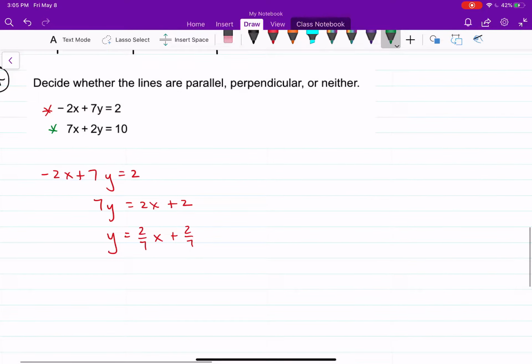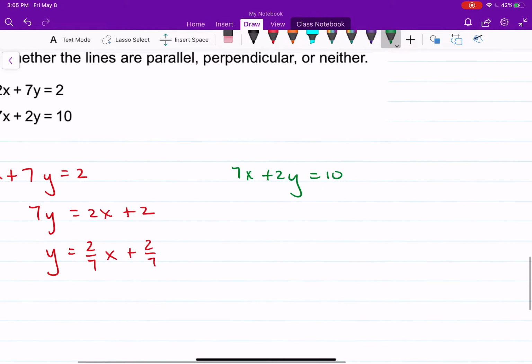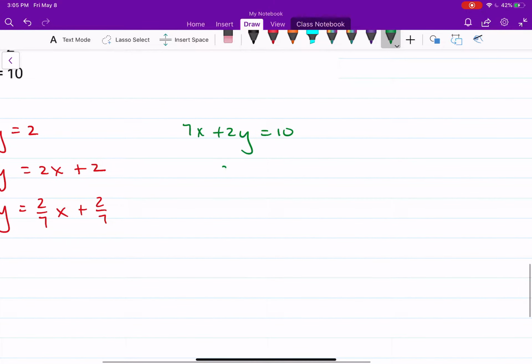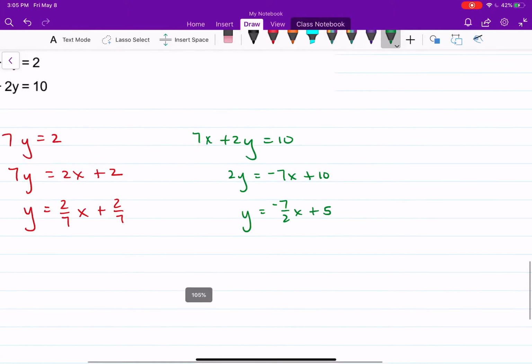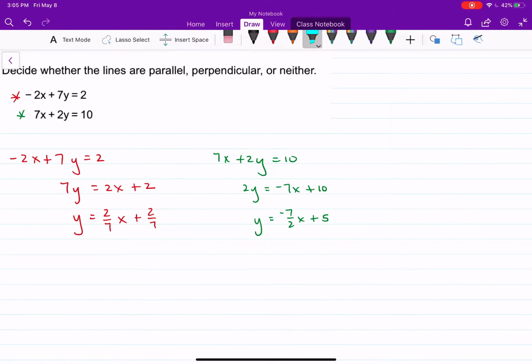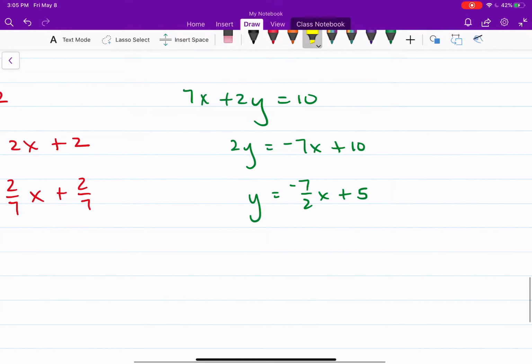So the green says 7x plus 2y equals 10. Again, I have to get y by itself. So 2y is equal to negative 7x plus 10. Divide everything by 2. y is equal to negative 7/2 x plus 5. Okay? So all I care about right now is just the slope.